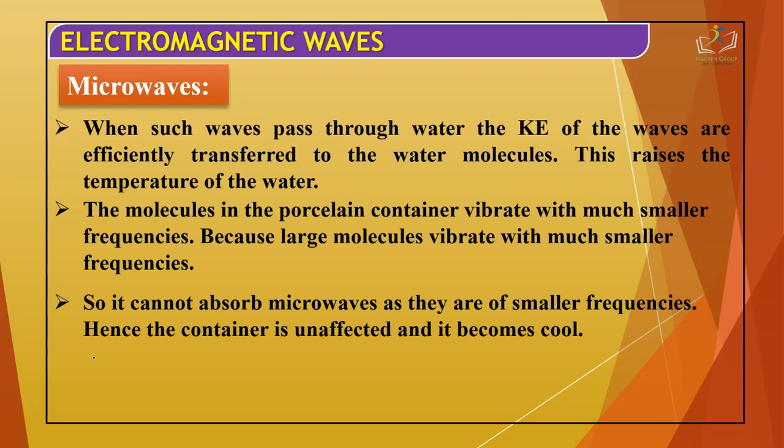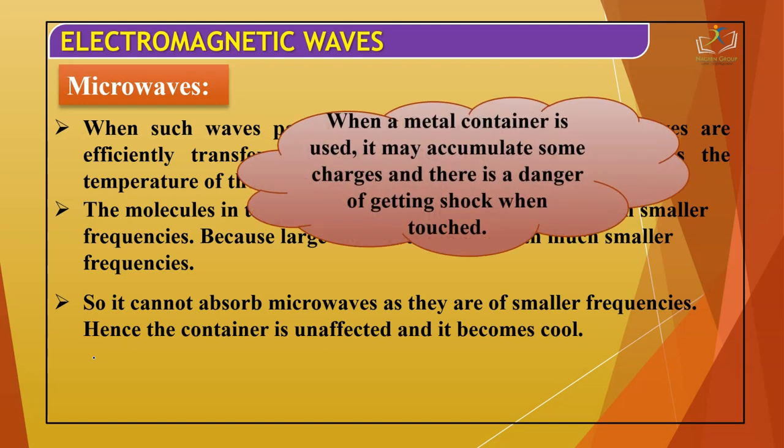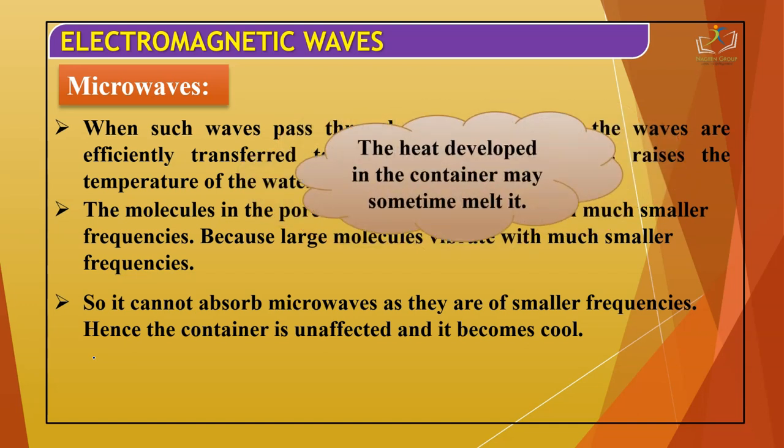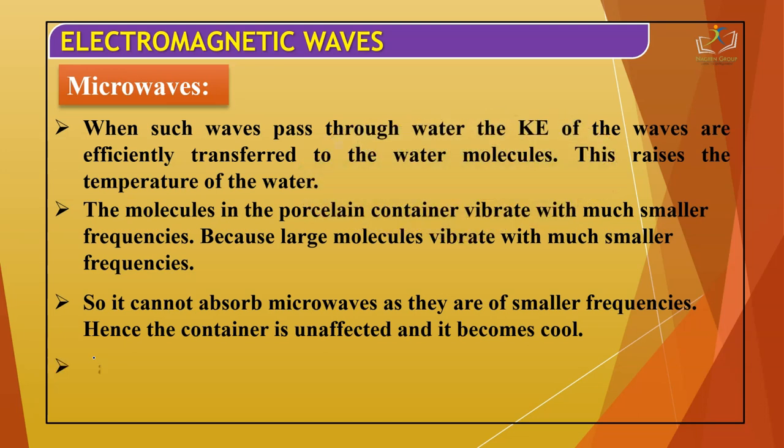Hence the container is unaffected and it remains cool. When a metal container is used, it accumulates some charge and there is a danger of getting shocked when touched. The heat developed in a container may sometimes melt it.